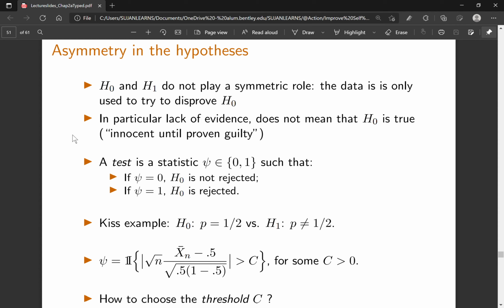Now, let's move on to the test for hypothesis testing. This is called a test statistic. It is a function that takes in your data and turns that into an output which can be either 0 or 1.